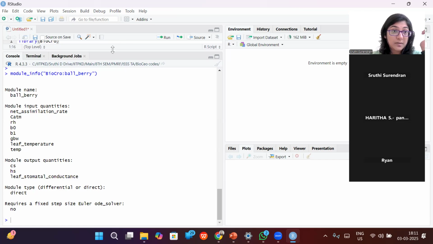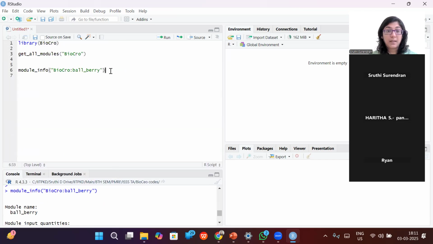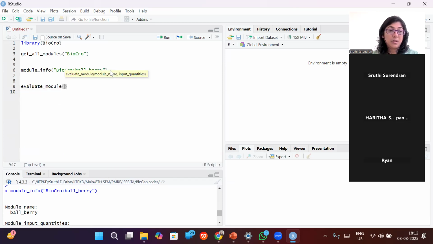So in order to run this module, we will use the evaluate module function in BioCro, and the module is going to be Ballberry, which again, I'll copy over here. Now, when we need to run evaluate module, we need to give the inputs.